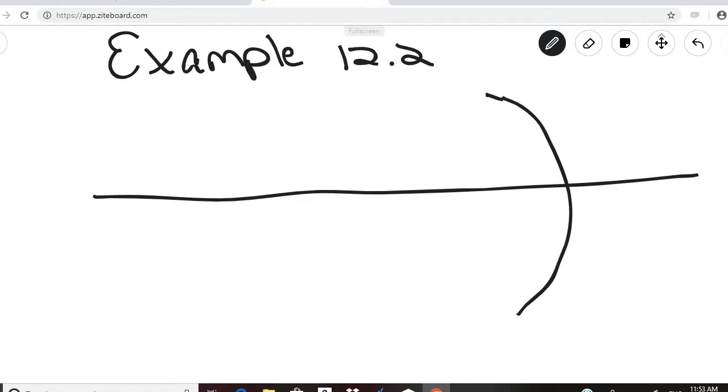Okay, so let's say this is R, so that's 14 centimeters away from the center of the mirror. So then the focal point will be half of that distance, so this will be F.